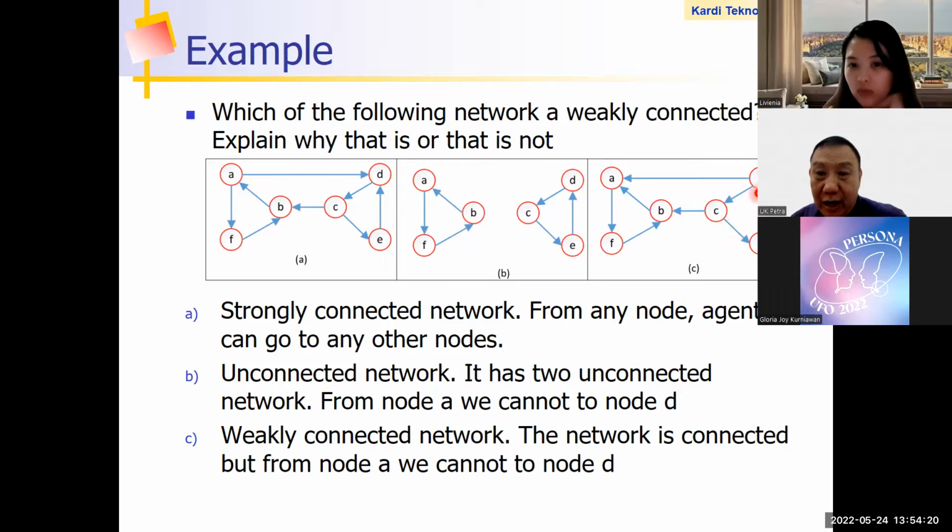And here there are two components: CDE is a component, and ABF is a component. From A you can go to B, from B you can go to F, and from F you can go to A. So this is a component on its own. But from D you can go to A but cannot go back to D. So in that case, this is a weakly connected network. Clear?